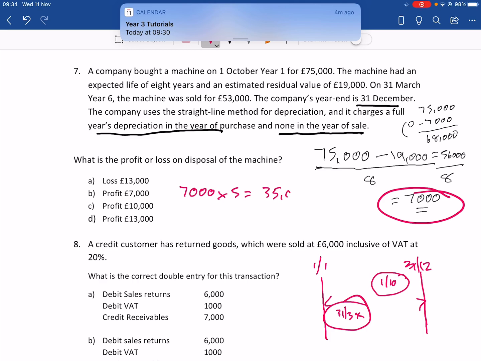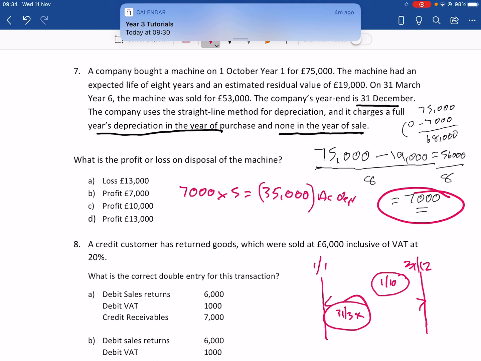That is the wear and tear of the asset that we bought for £75,000. This is called accumulated depreciation. We bought it for £75,000, and over the 5 years it's reduced by £35,000. In brackets means minus.